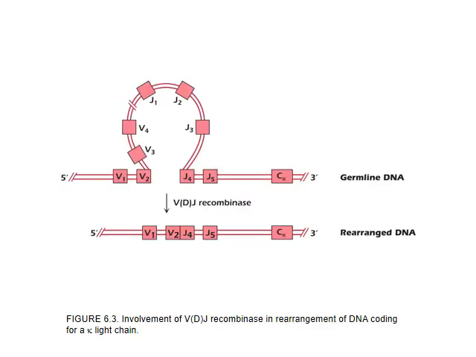Now let's move to the involvement of VDJ recombinase in rearrangement of DNA coding for kappa light chain. So remember, this is a specific enzyme that we have, VDJ recombinase, and this is a very complex enzyme, and basically it mediates the rearrangement of receptor genes in B and T cells.